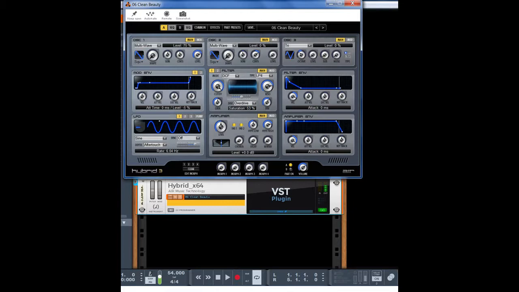So if you're on a budget and you can't get Omnisphere or Serum, you can get this, $19. It costs less than Waves Flow Motion. And Waves, they don't play around when it comes to their effects and their synths and stuff like that.